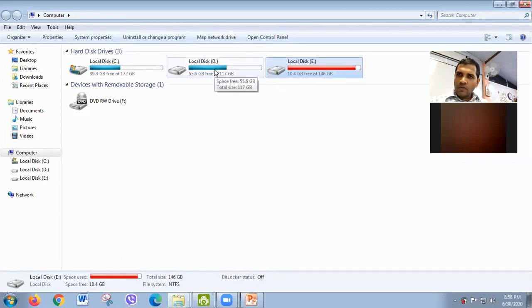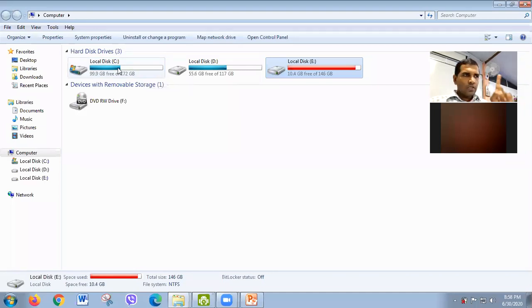In D drive, I could have saved my educational materials, my ICT education or ICT subject materials. Maybe in C drive, I could have saved operating systems and other programs, Word or Excel or PowerPoint or whatever.